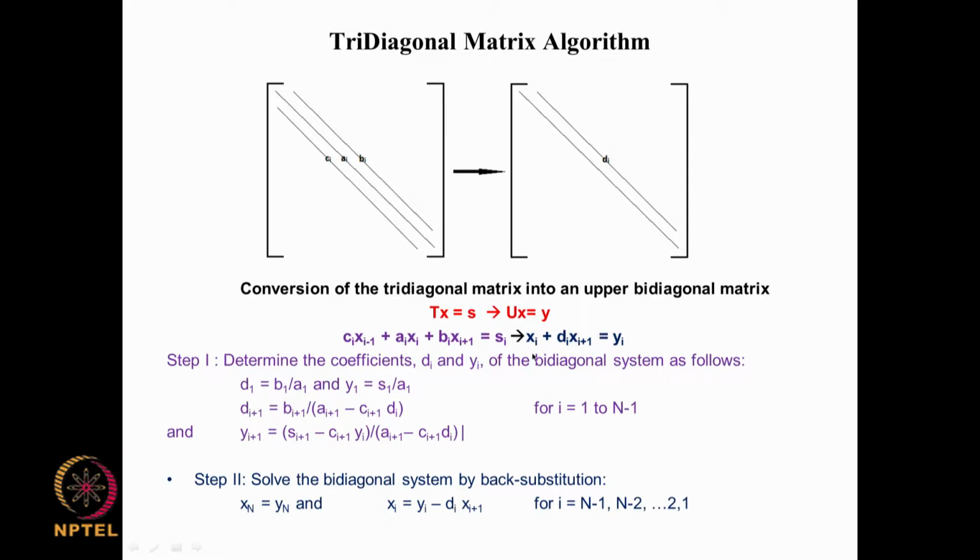In this way we can evaluate all di yi, and then you go through the bidiagonal system solution by back substitution, xn equal to yn and xi equal to yi minus di times x(i+1).